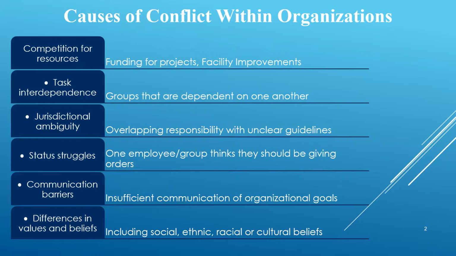Status struggles refers to any kind of employee group that thinks they should be giving the orders, right? So oftentimes, I don't know if you've ever worked in food service, but oftentimes there's kind of like this unspoken hierarchy of the service employees. And so bartenders are typically on the top.